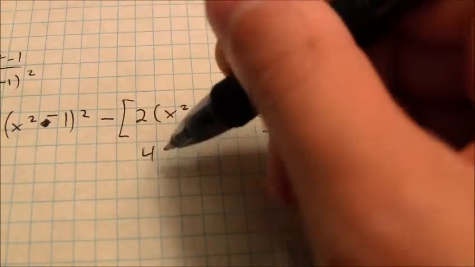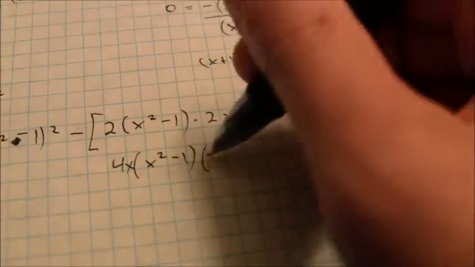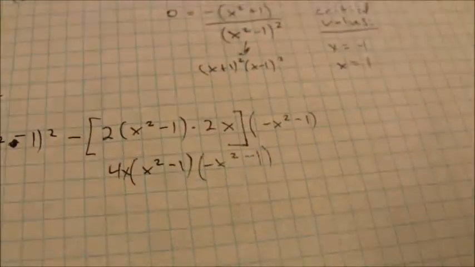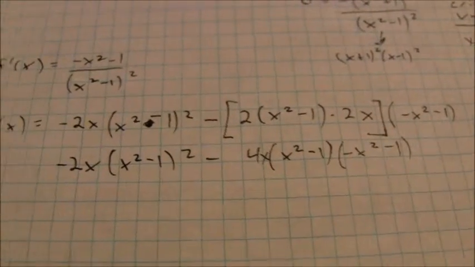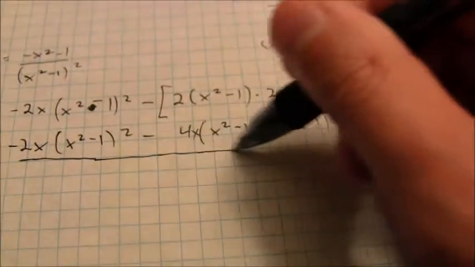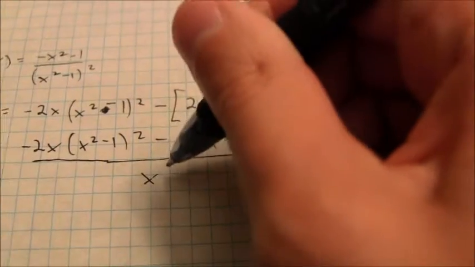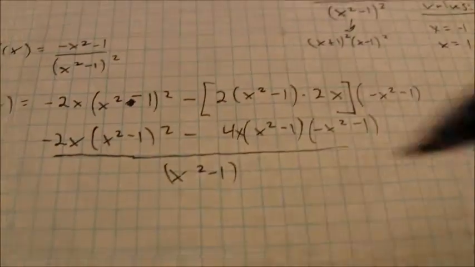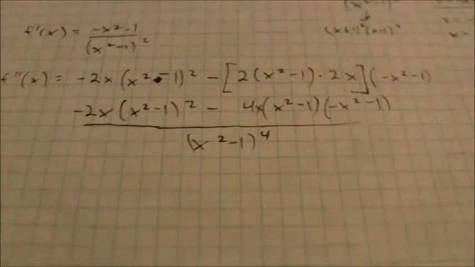Let's see, that's going to be 2 times 2x times x squared minus 1 times that negative x squared minus 1. And I have the negative 2x times the x squared minus 1 squared minus all of that. And then that's all over the denominator squared, which in this case, the quantity x squared minus 1 squared, if I square it, will be to the 4th power.